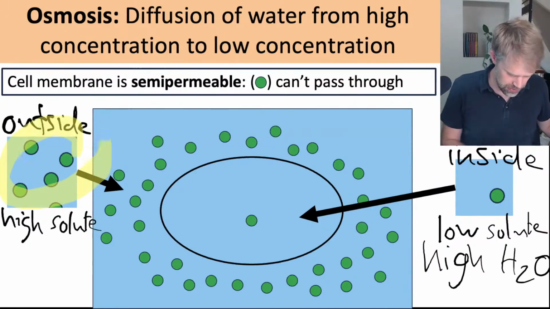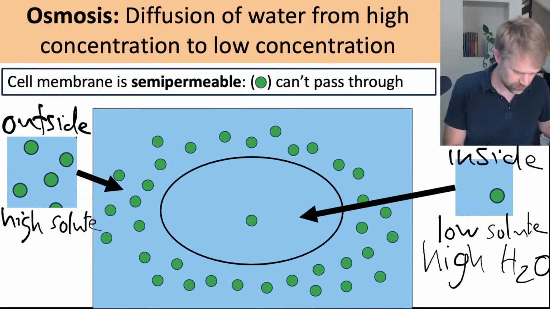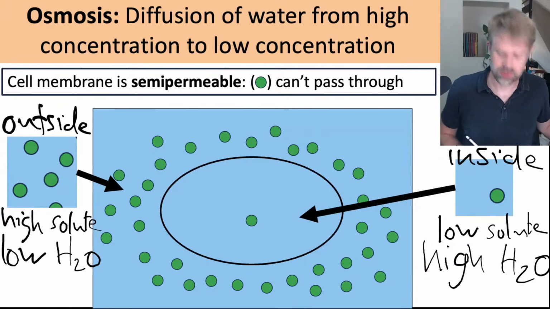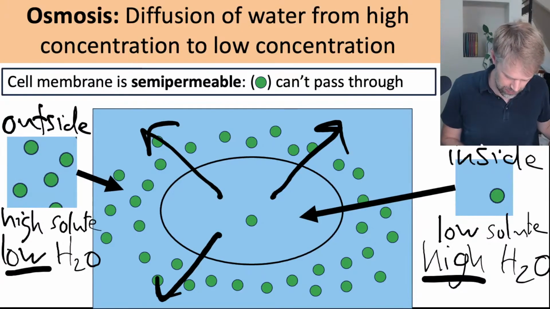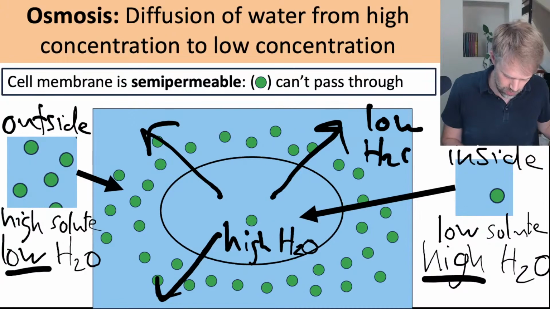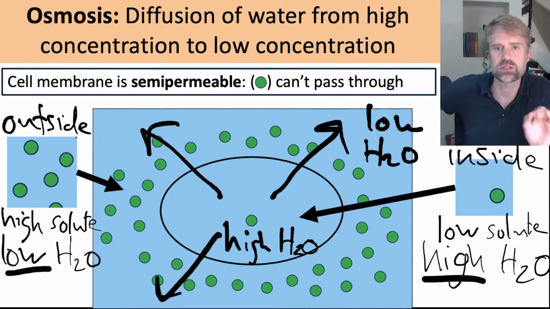Look over here. Not that much blue. That means we have a low water concentration. And so which direction is the water going to move? It is going to move from high to low, and it is going to leave the cell. From high water concentration to low water concentration. And that is osmosis.